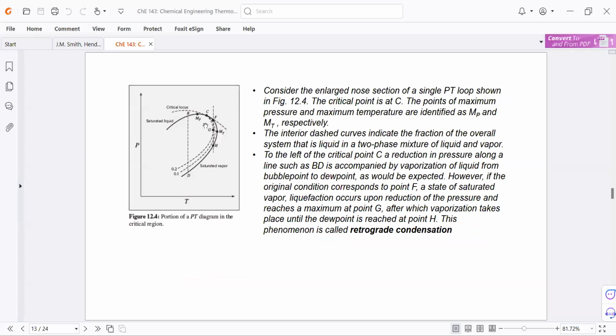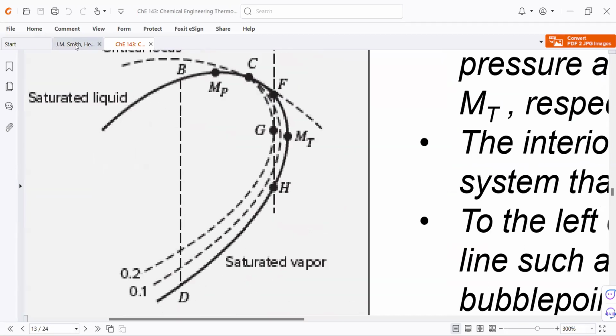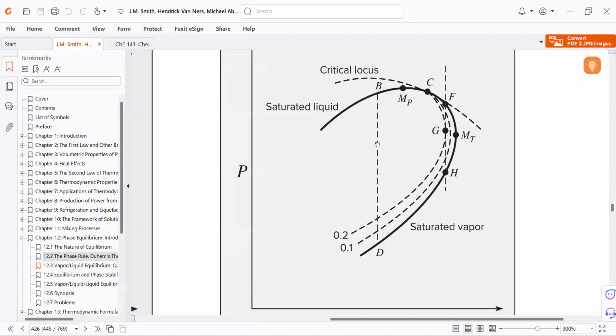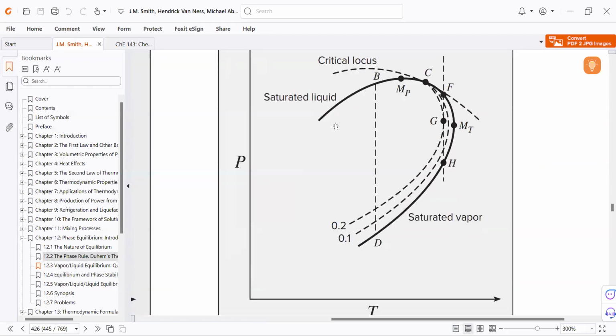This is another PT diagram. If I zoom in, it's quite blurry, so I'm going to use the one from the book. This is the same figure, a PT diagram. In this PT diagram, we have this curve wherein here is the critical point.